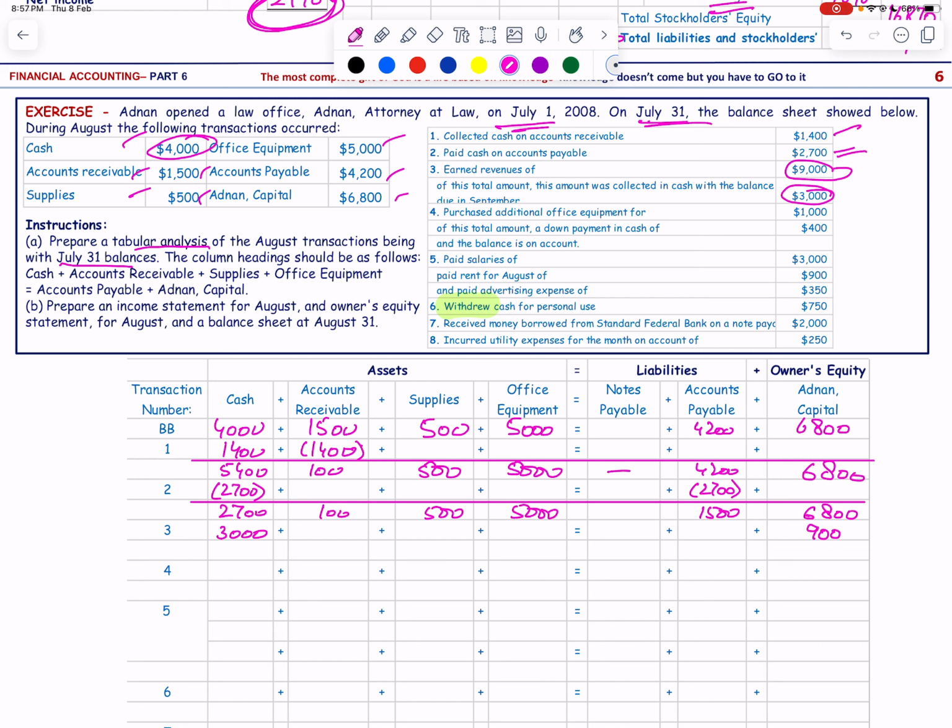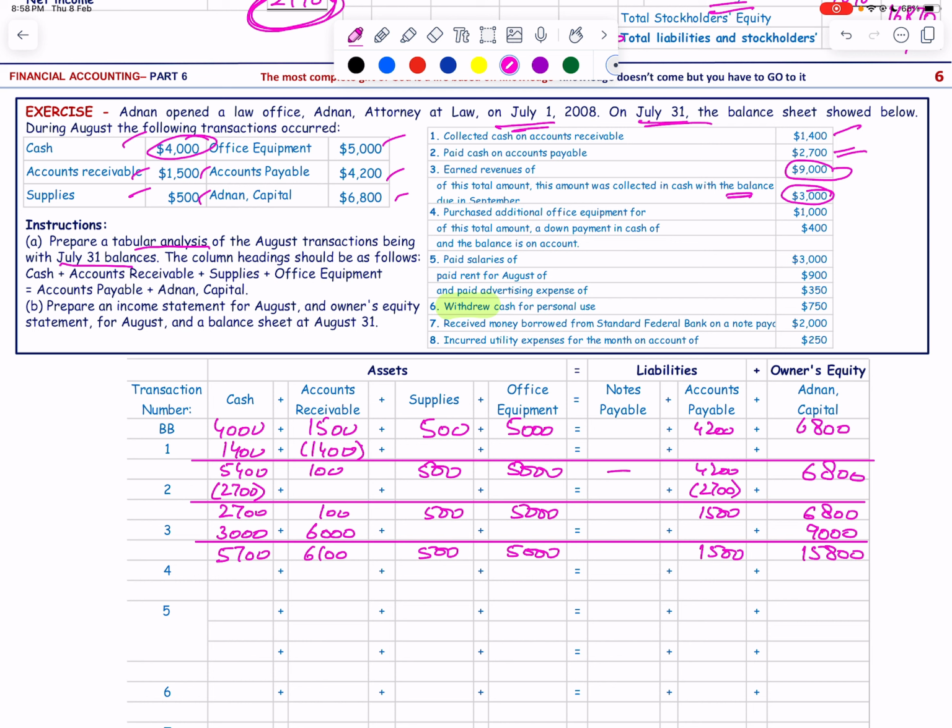With the balance due in September, that means accounts receivable is the balance, that is 6,000. Once again we make the total, and the total will be 5,700, 6,100, 500, 5,000, 1,500, and 15,800.